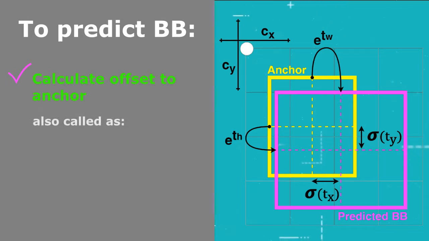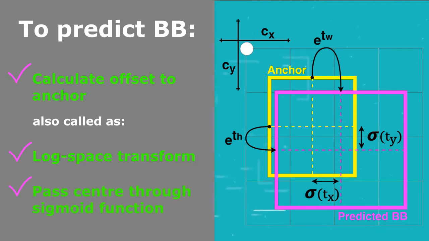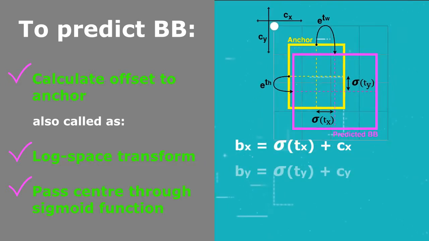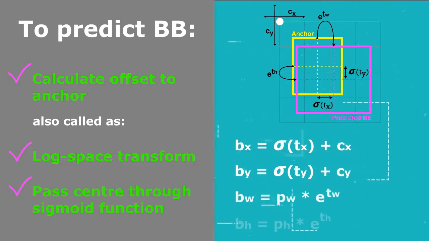This offset is also called log space transform. To predict center coordinates of the bounding boxes, YOLO version 3 passes outputs through a sigmoid function. Here are the equations that are used to obtain the predicted bounding box's width, height, and center coordinates.